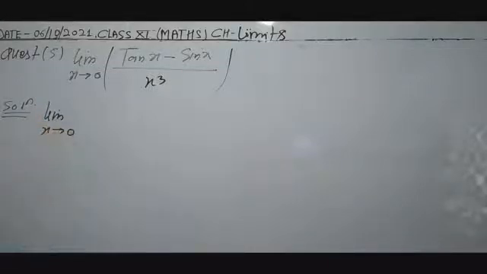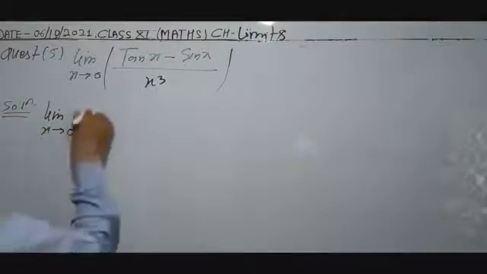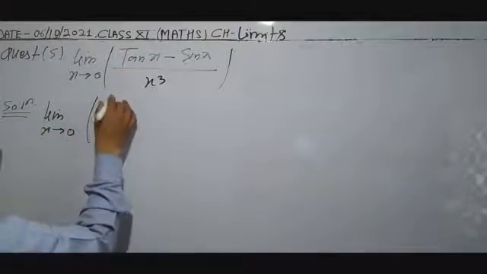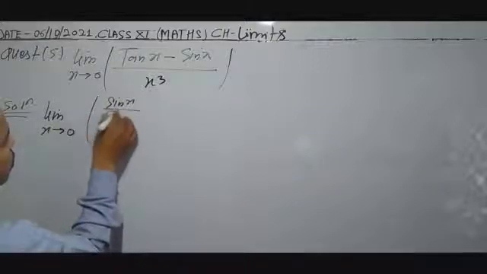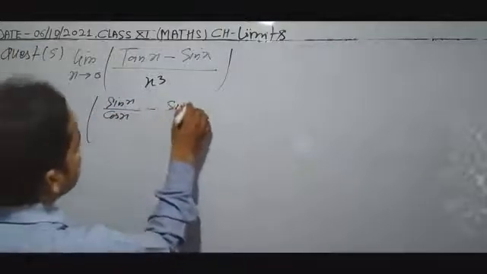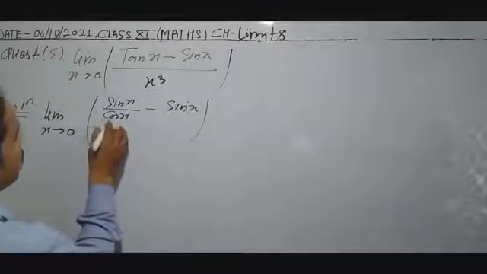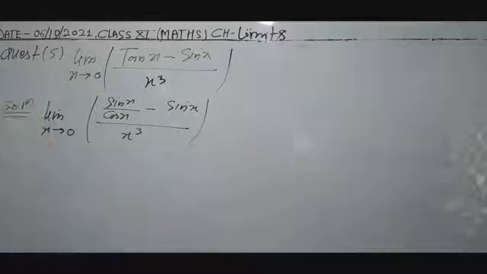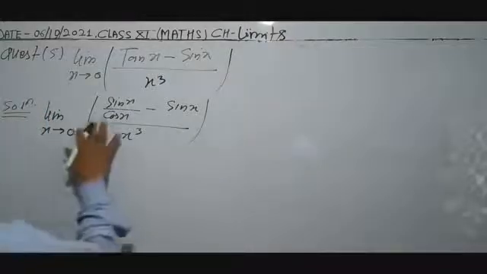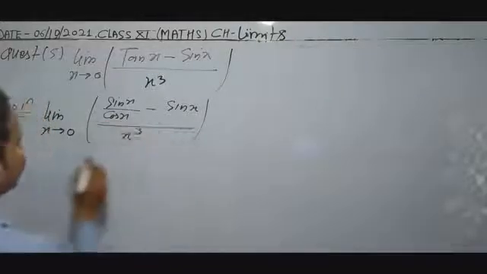Limit x tends to 0, tan x minus sin x. When we convert tan x in terms of sin x and cos x, so sin x upon cos x minus sin x whole upon x cube. Now if you take the LCM of the numerator, what will we get as the result?